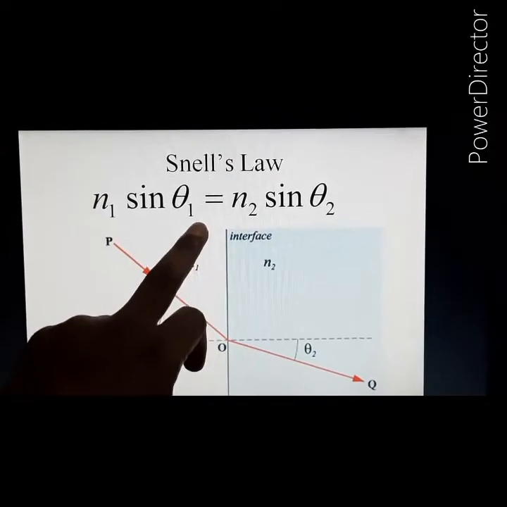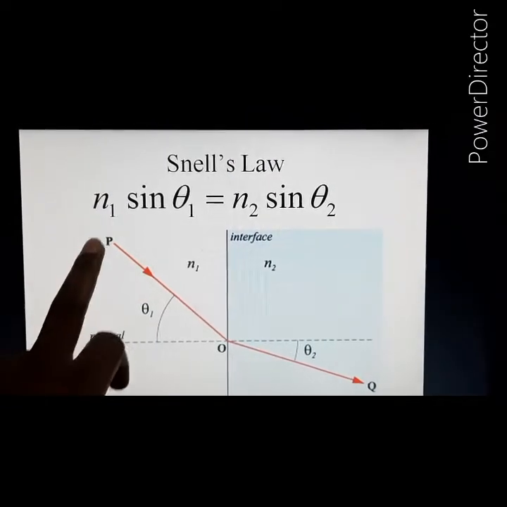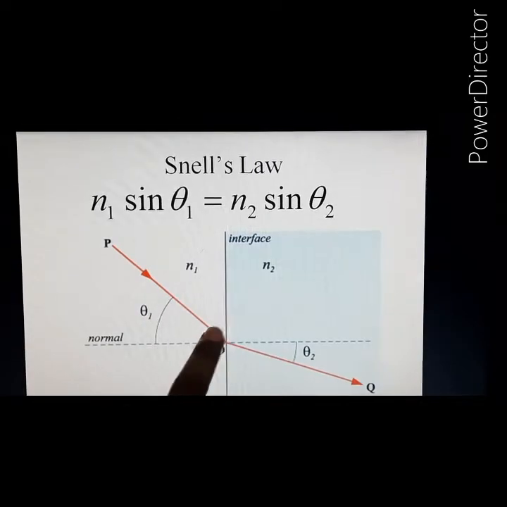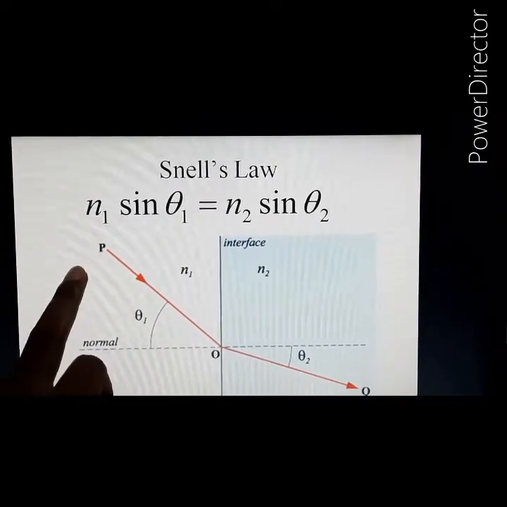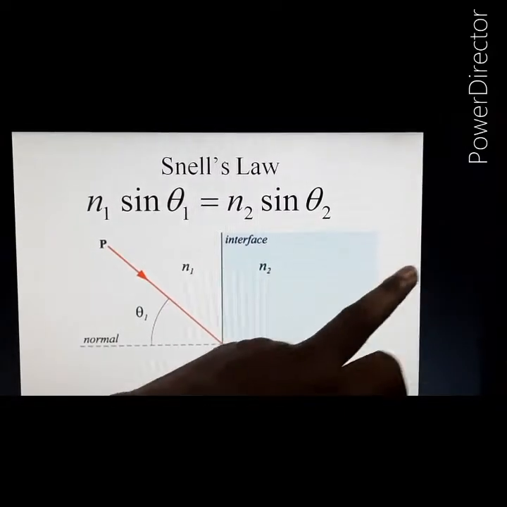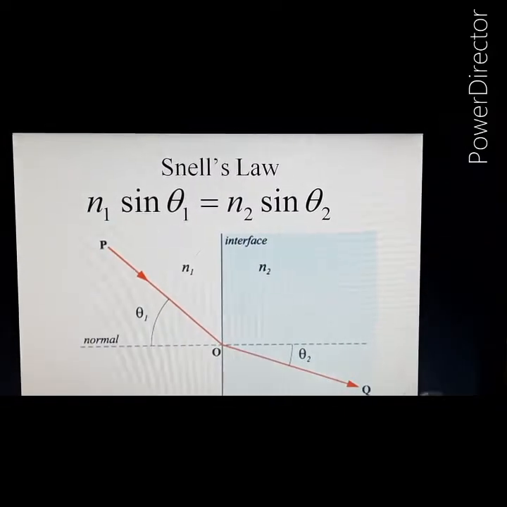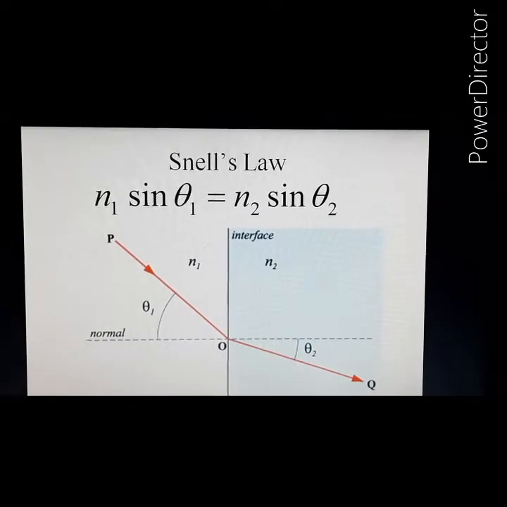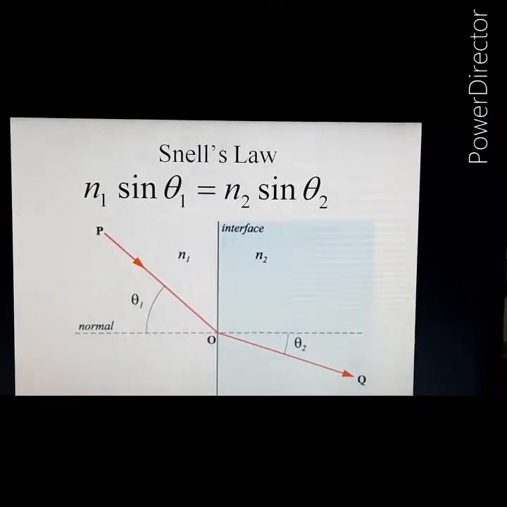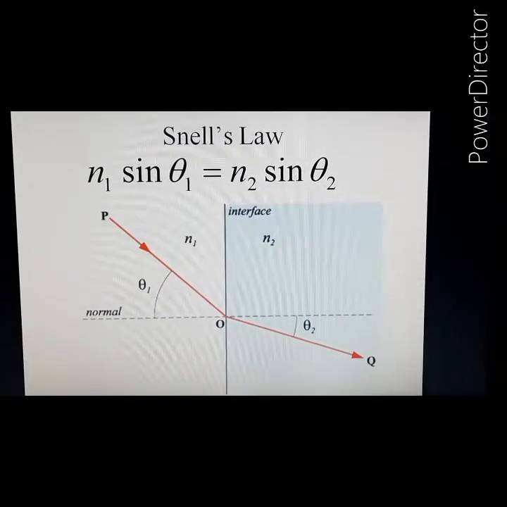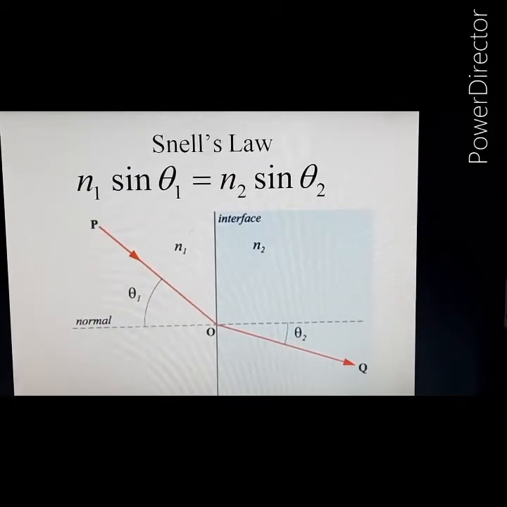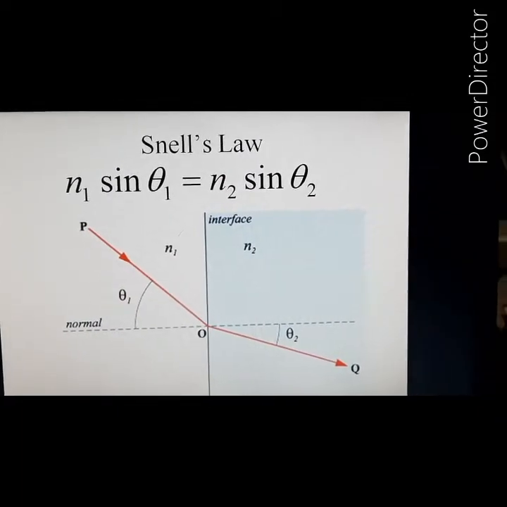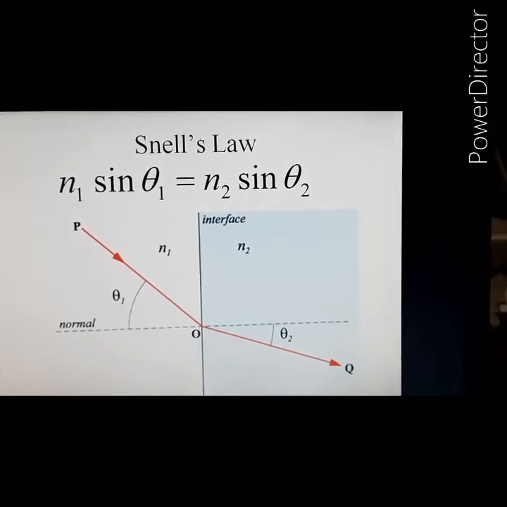Here n1 sin theta 1 is the incident light ray making an angle theta 1 with the normal, and n2 sin theta 2 is the refracted light ray making an angle theta 2 in the next medium, that is medium 2. This is Snell's law, which we can apply wherever the medium changes and refraction takes place.